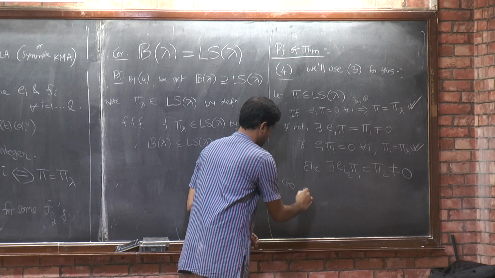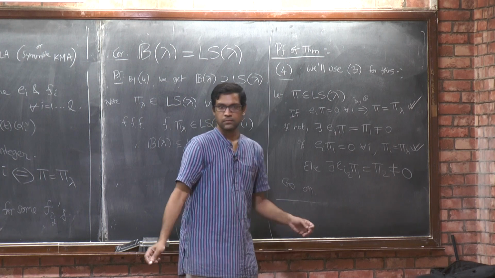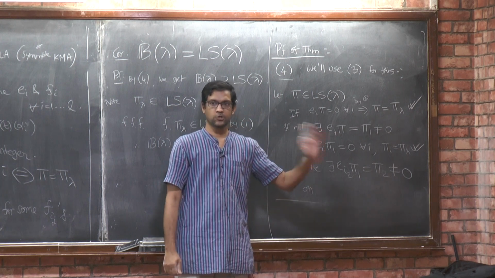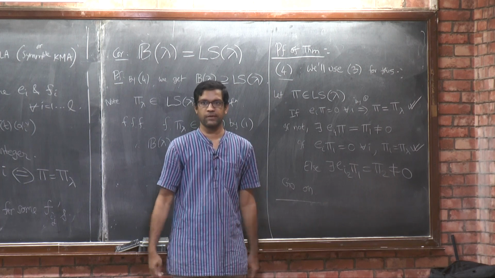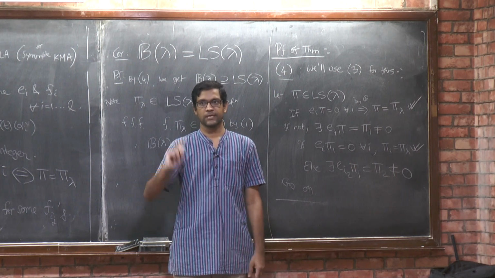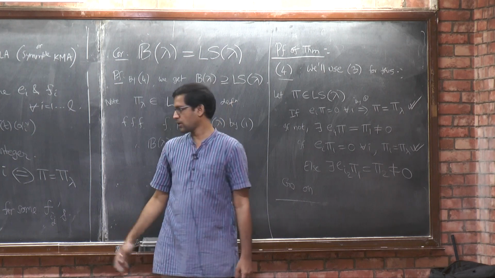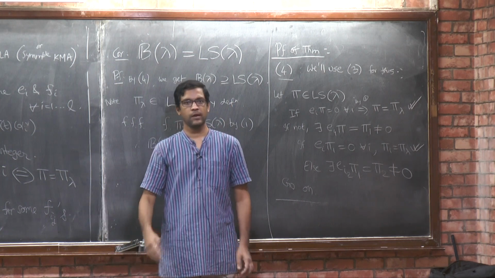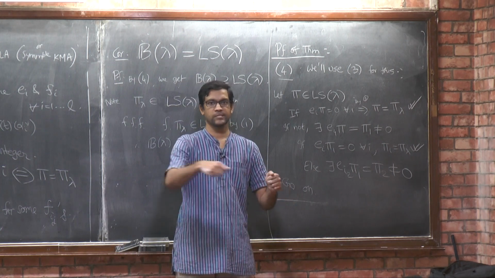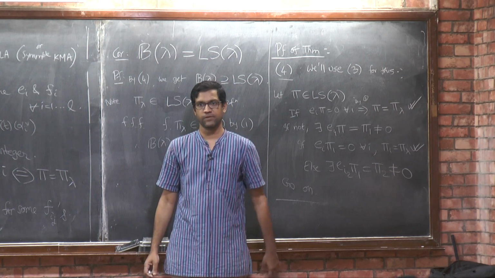Go on. Once the process stops, you're done. Wherever it stops, that last path must be pi lambda according to 3. And now you just retrace your path. Instead of applying that string of Es, you apply the corresponding string of Fs.